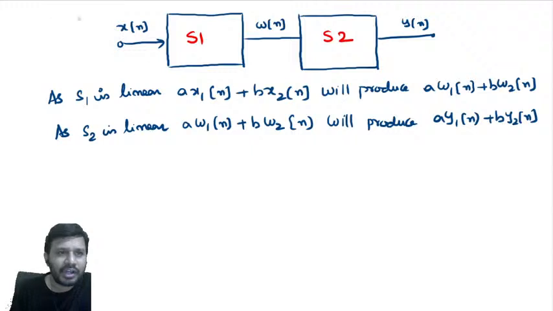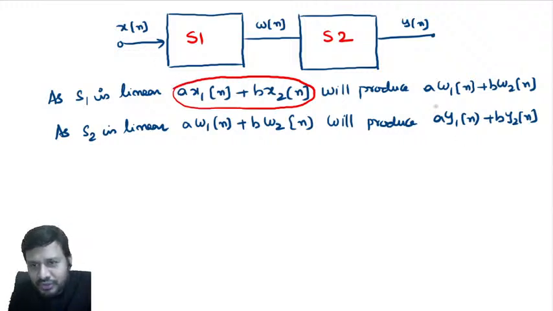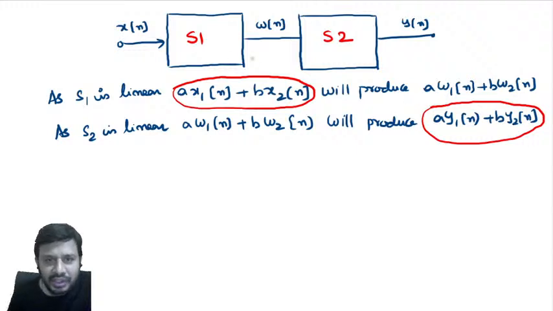Now, if you observe the overall input output relationship, A into x1 of n plus B into x2 of n applied to the system is producing A into y1 of n plus B into y2 of n. Means if you cascade, the overall cascade will be linear. Linear, first point is confirmed, linear.